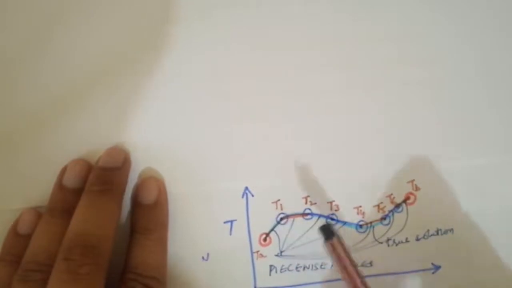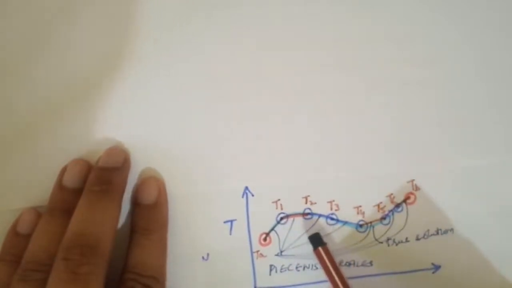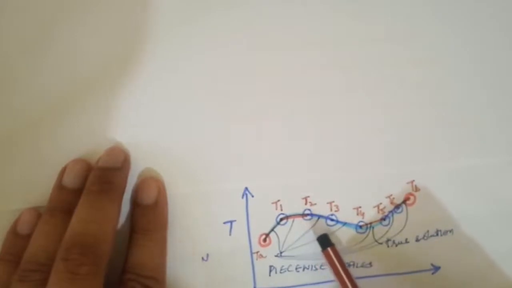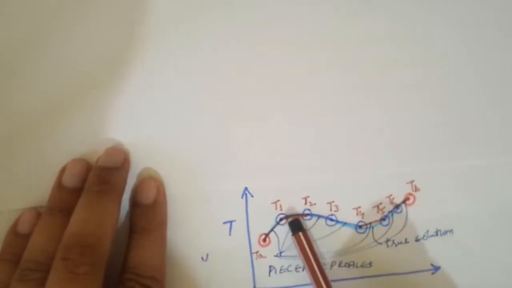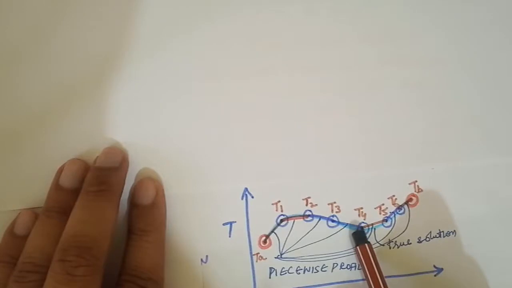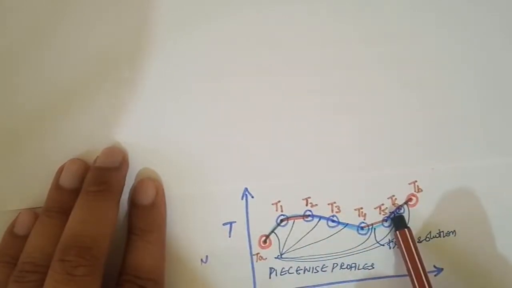So now these approximating functions themselves will be written down only in terms of neighboring nodes. For instance, say I take the example of T3. Now T3 will be impacted only by T2 and T4 and not by T1 and T5 directly.